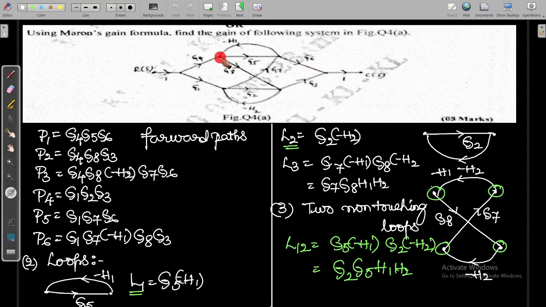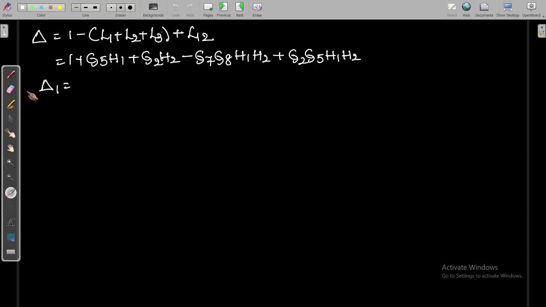So this loop is touching this forward path, you can't take it, but this loop is not touching this forward path, and the third loop is also touching this forward path, so you can't take the third loop also. Let us take delta 1. You can write delta 1 will be 1 minus of minus G2 into H2, G2 into H2 only you are going to get, so you can write 1 plus G2 H2.